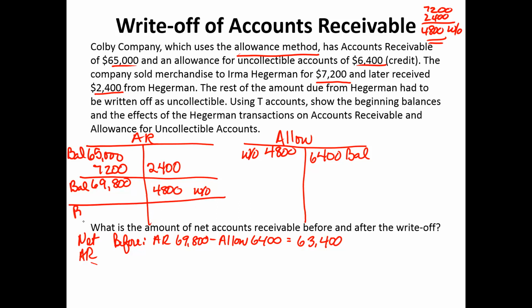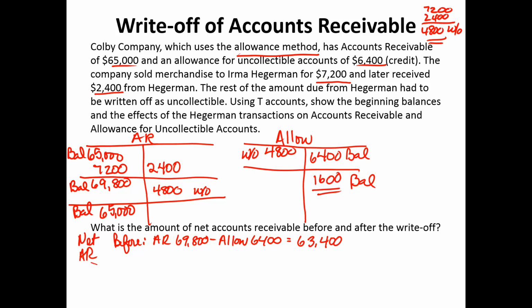That means the balance in accounts receivable after the write-off is $65,000, and the balance in the allowance account after the write-off is $1,600.